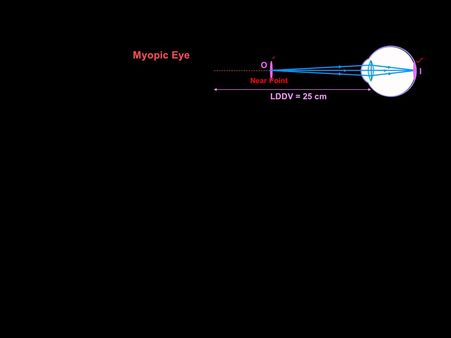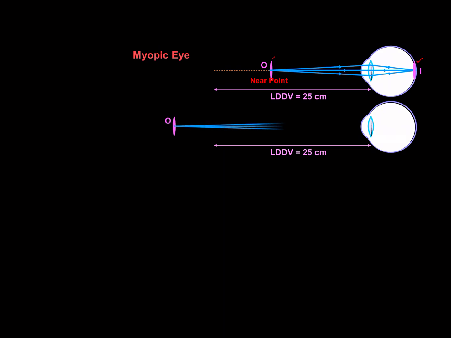This is the object O, and here the image I. It is formed on the retina, so the person can see the object clearly. But in the myopic eye, the image is not formed on the retina, it is formed in front of the retina, so it cannot be seen clearly.